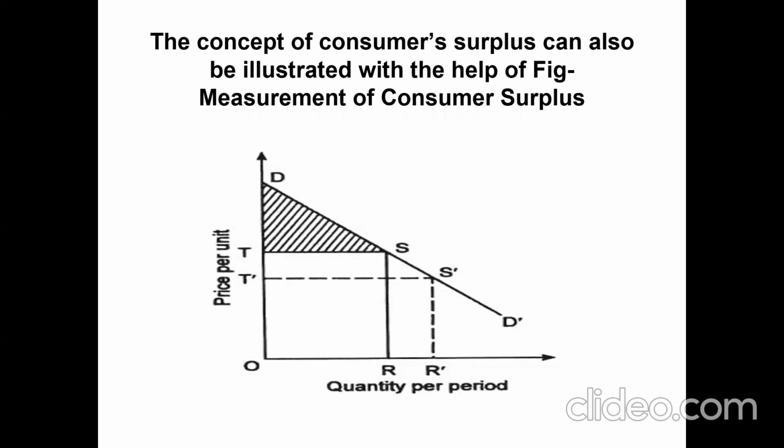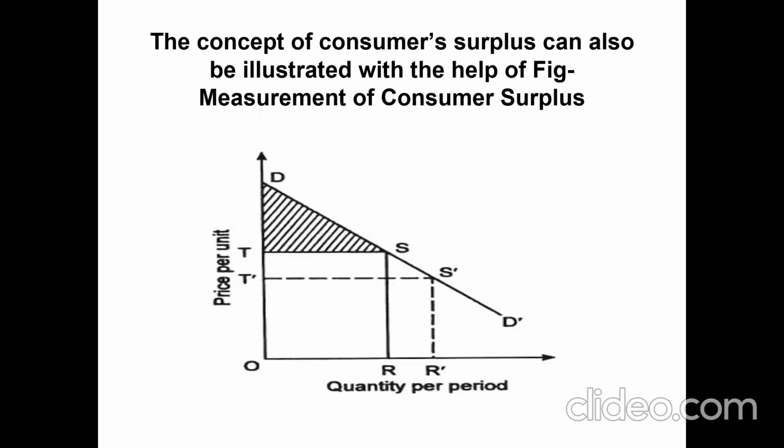A difficulty is that as the price falls, the real income of the consumer increases. So to get a more accurate measure of the benefit of the surplus, an adjustment must be made to offset the effect of the difference in real income at a higher price RS and the lower price R dash S dash. Understood? So there are difficulties of measurement actually.